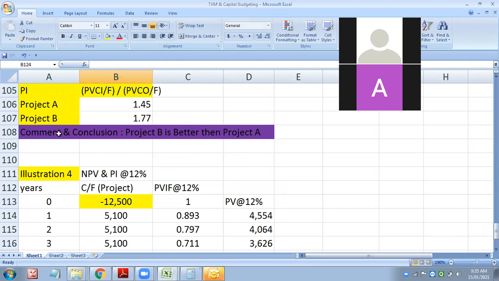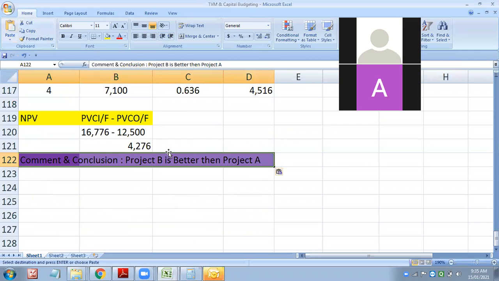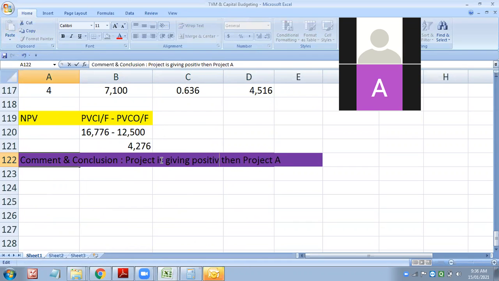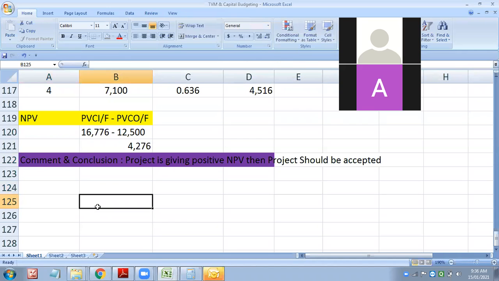Yes, so my comment and conclusion will be: project is giving positive NPV, or more than one, whatever the way you think, project should be accepted.